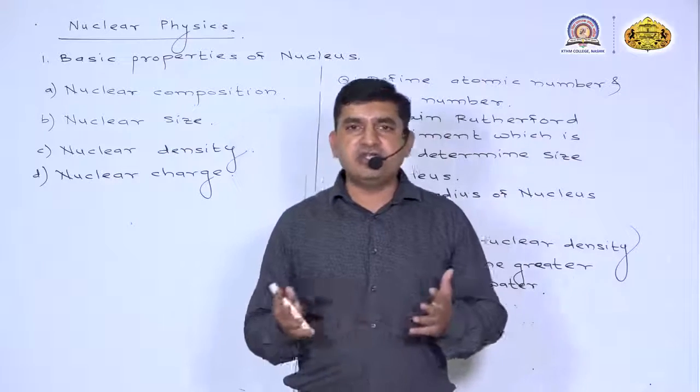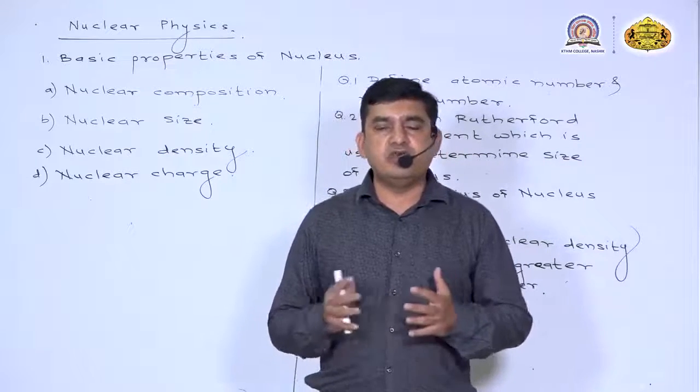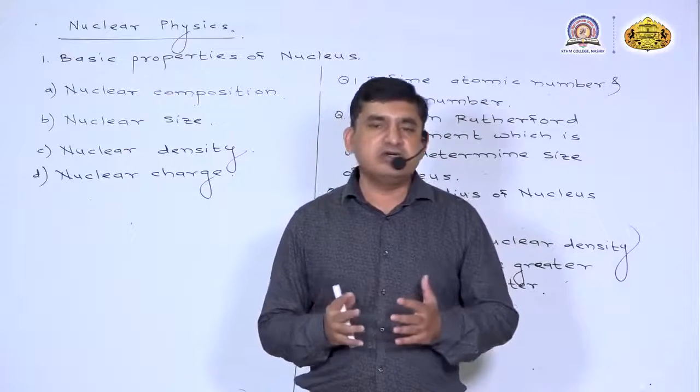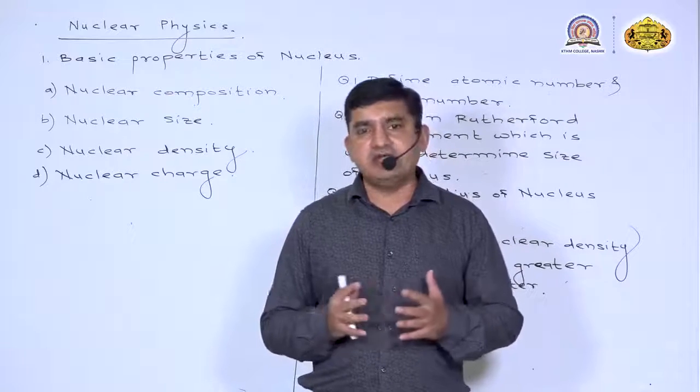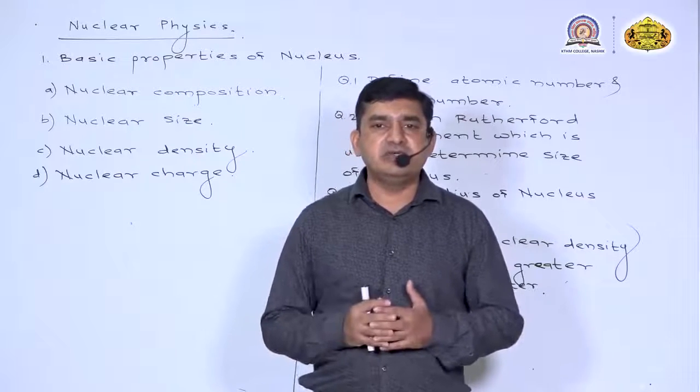Nuclear density, we know that rho, that is the density, is equal to mass upon volume, and the mass of a nucleus can be found by using the formula, that is ZMp plus (A minus Z) into Mn.